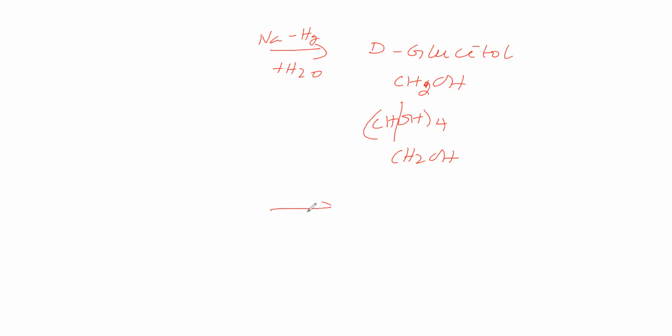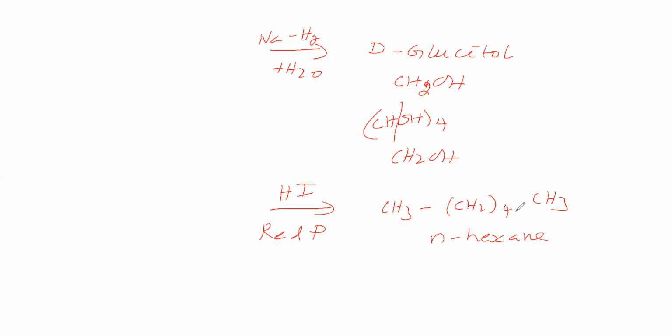Next reducing agent we will take is hydrogen iodide and red phosphorus. We are getting n-hexane. That means all the carbons in glucose undergo reduction.